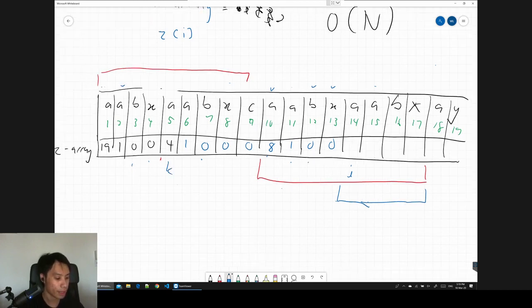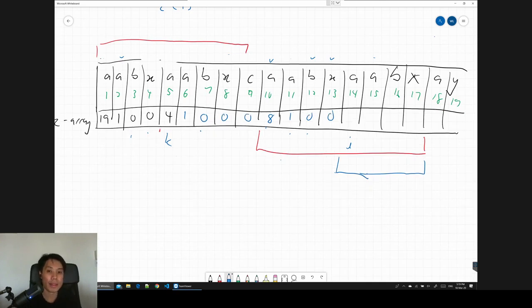Okay. This is a very interesting observation which you can make now. My remaining equals 4. Okay, Z K equals 4. What does it tell us?